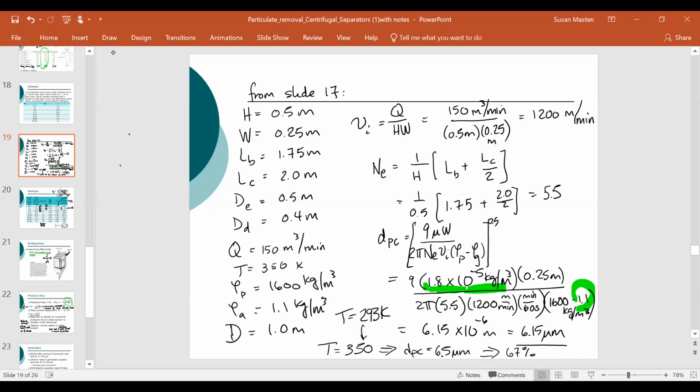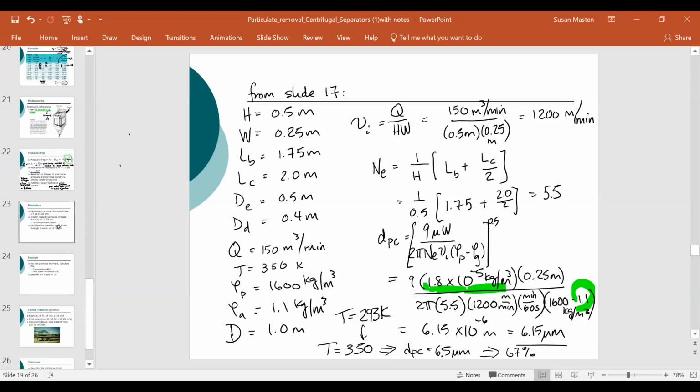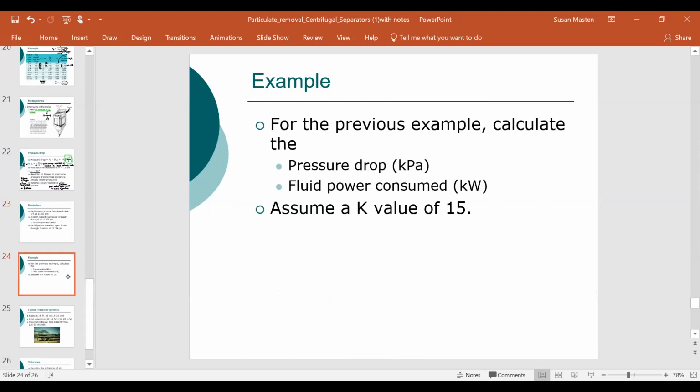So we left off on Wednesday, finishing up the previous problem, where what we're doing is looking at the pressure drop across the centrifugal separator.